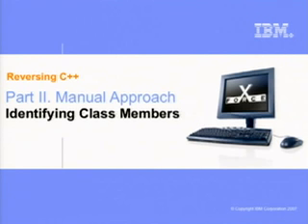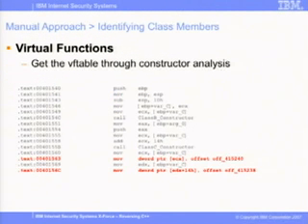Okay. Next, we're going to discuss identifying class members. To identify virtual functions, we have to get the virtual function table, and we can do that through constructor analysis. This is the code for a constructor.